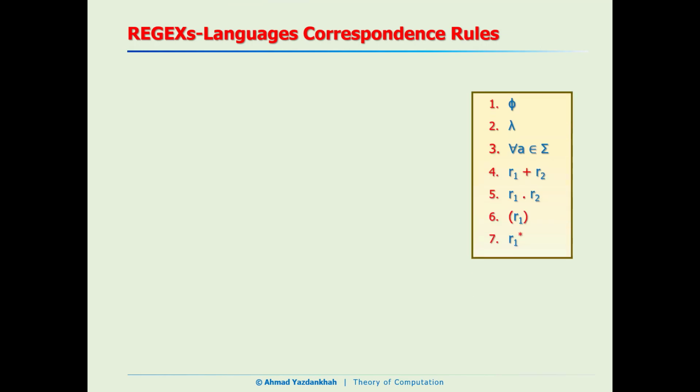We have these regex rules here, so let's keep an eye on them and try to find a corresponding language for each of them. This is the first one. It means that if the regex R is equal to phi, then L of R, or L of phi, is equal to this language.